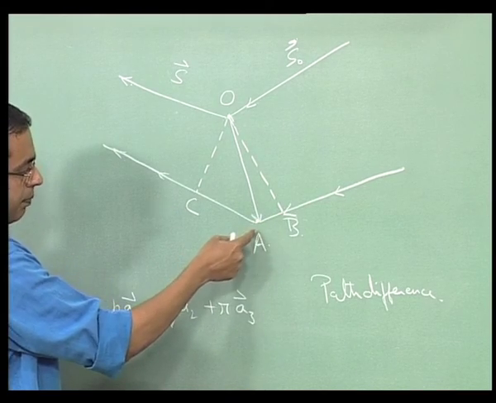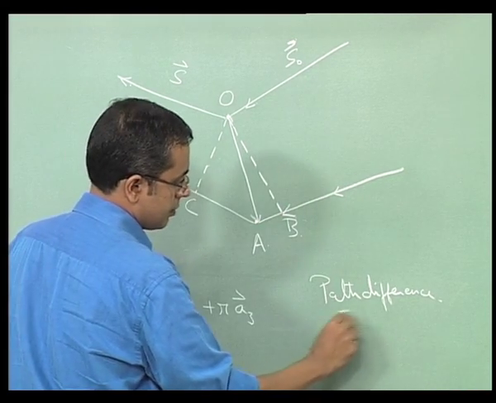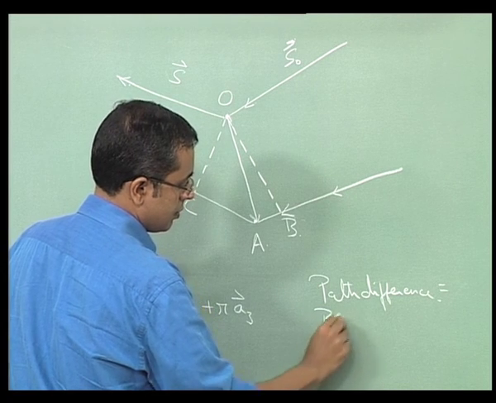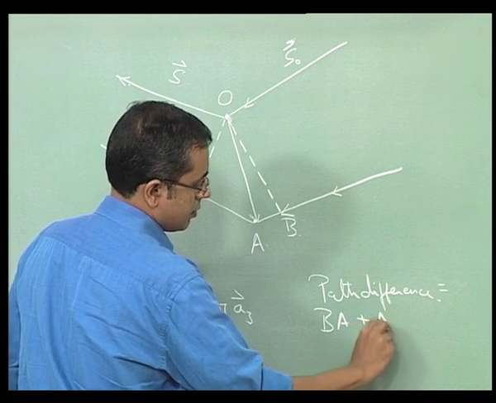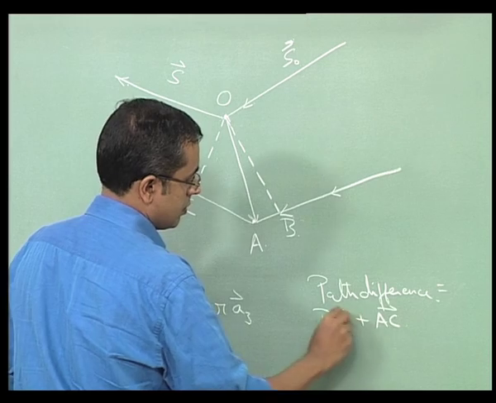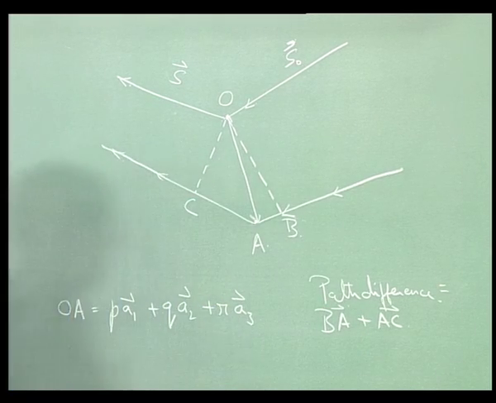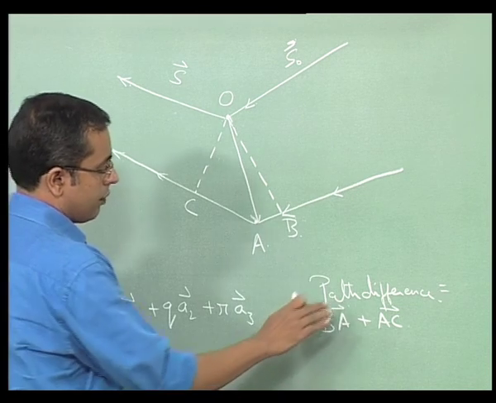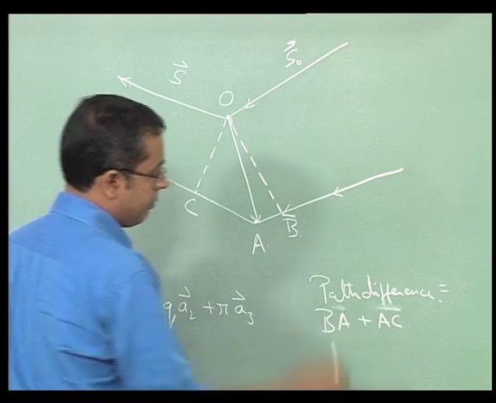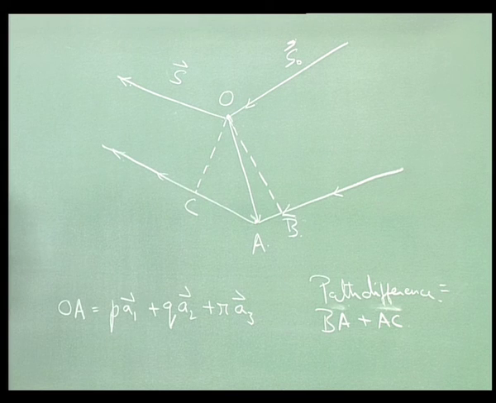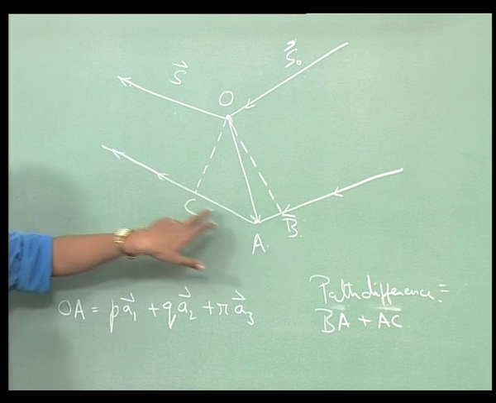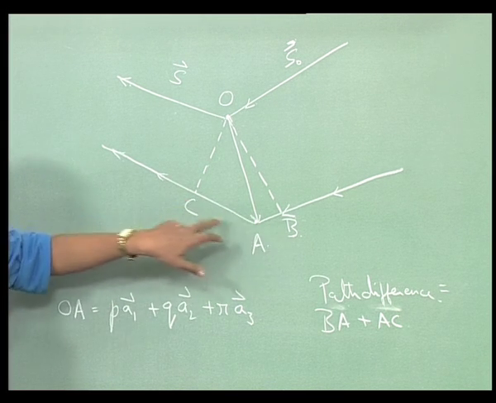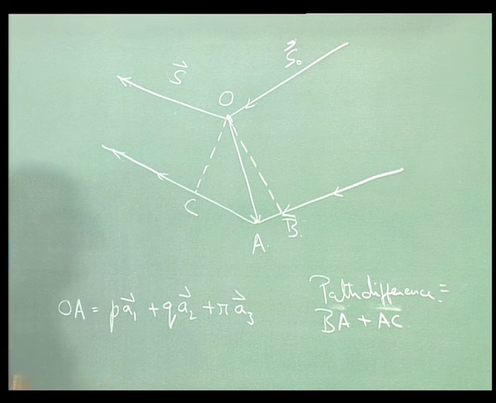This is BA plus AC. We want only the modulus at this stage. So anyway, we will say BA plus AC. That is the additional distance that is being travelled by this second wave.